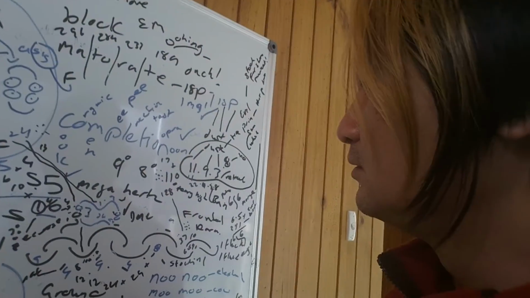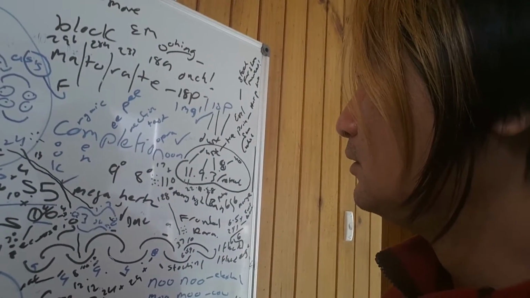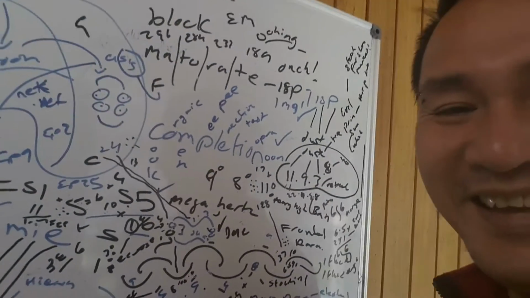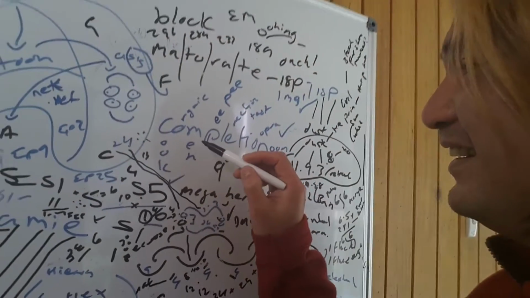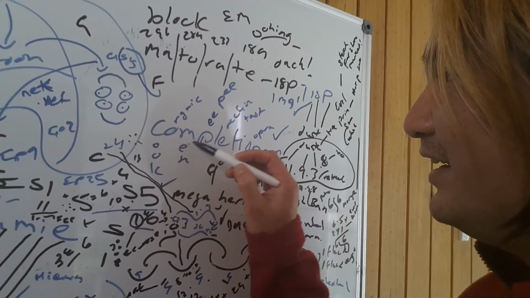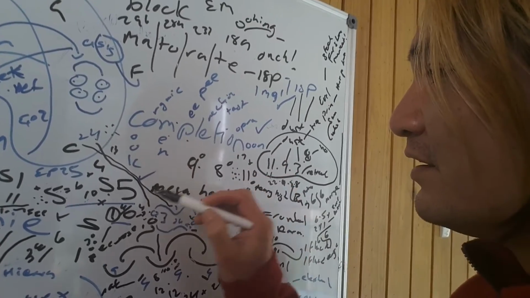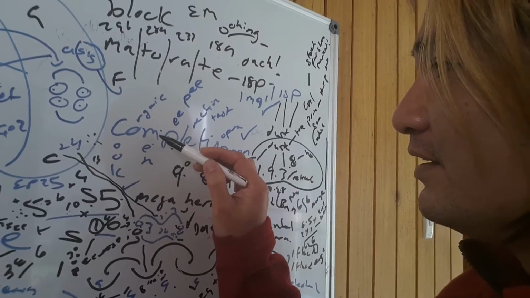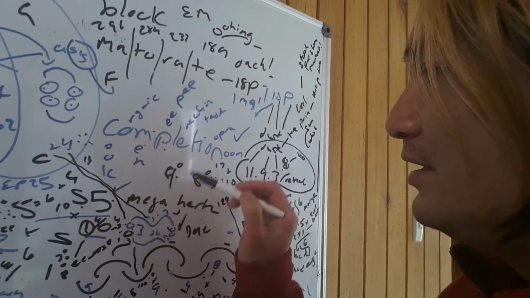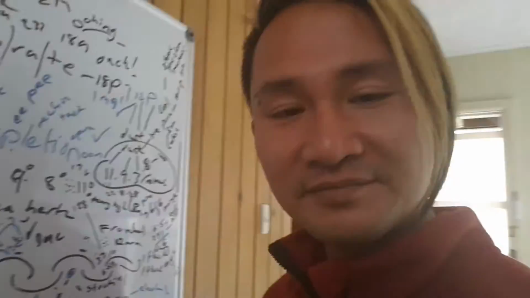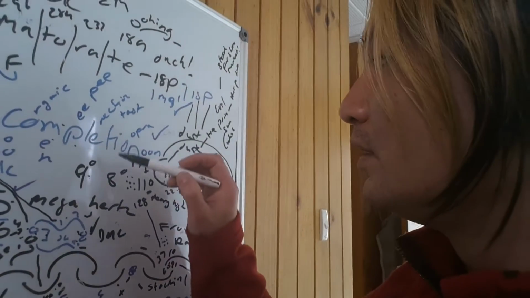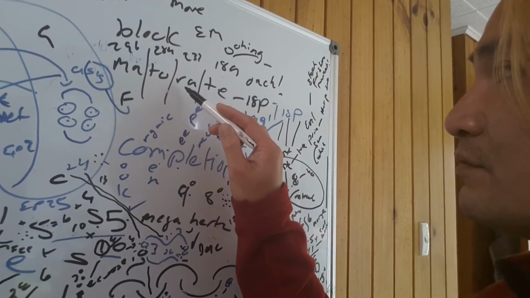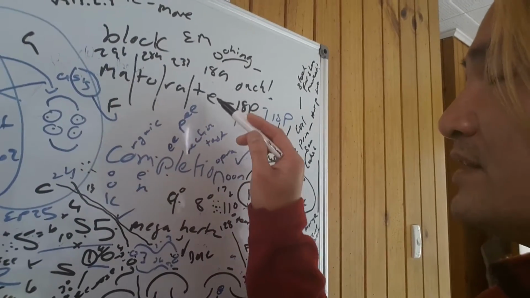Where's EMP? Oh. Look at this. EMP95. Once again, EMP95, to this one, which is ra, ma, tu, ra, ti.